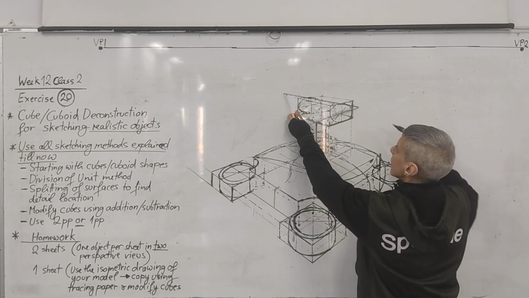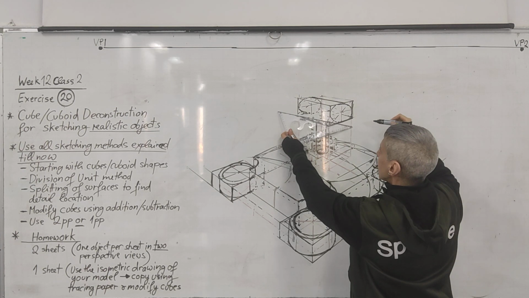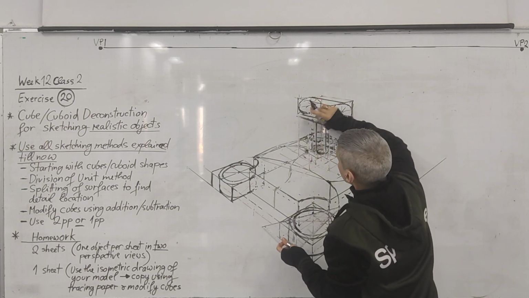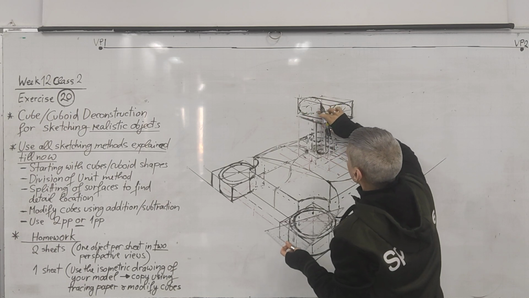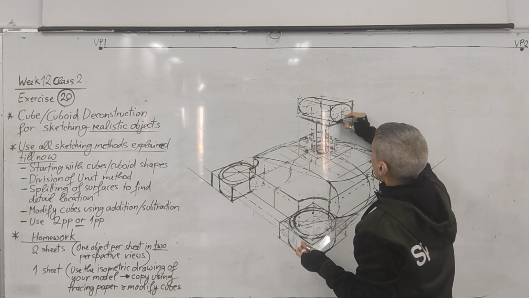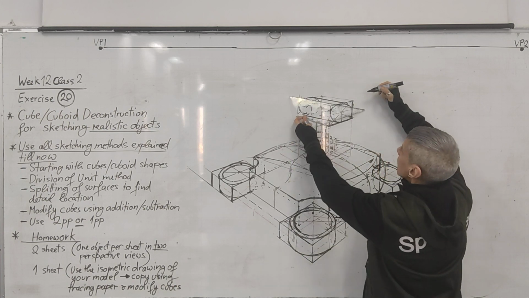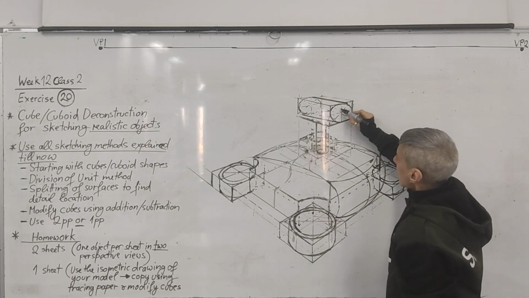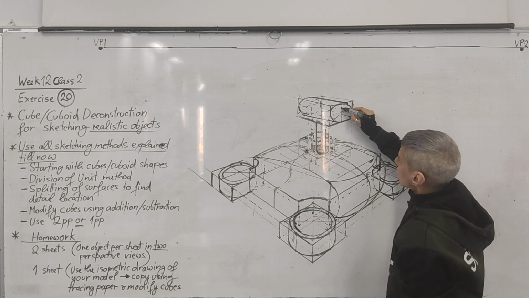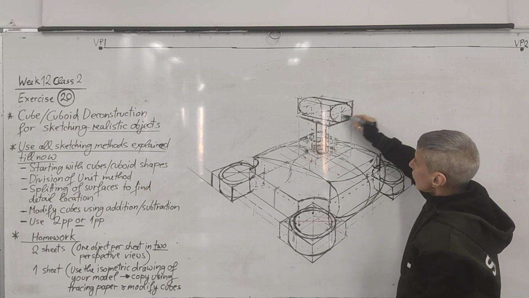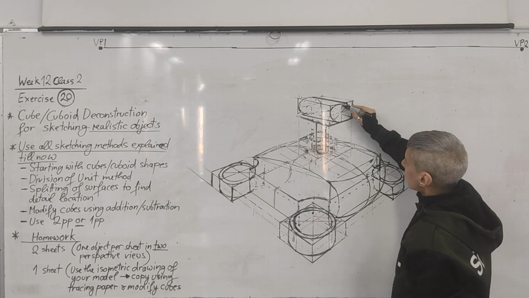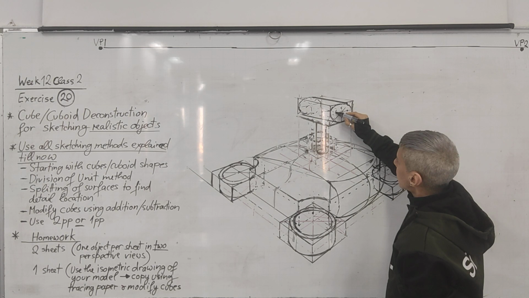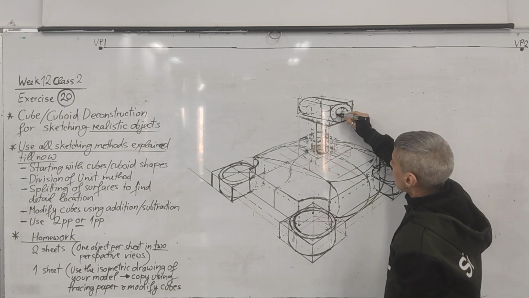And then connect. And then the same thing here I want to do, so I will draw another circle. So half point of this surface, half point of this surface, half point of this, half point of this, and we have another circle that we can draw here.